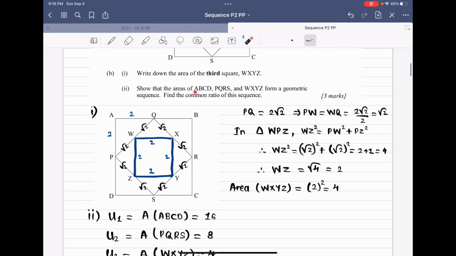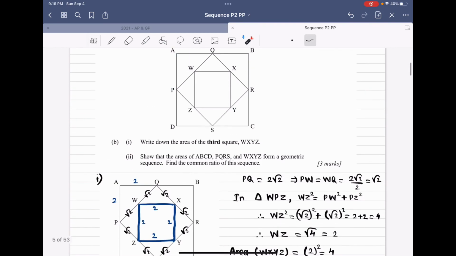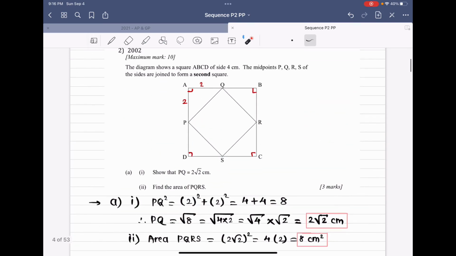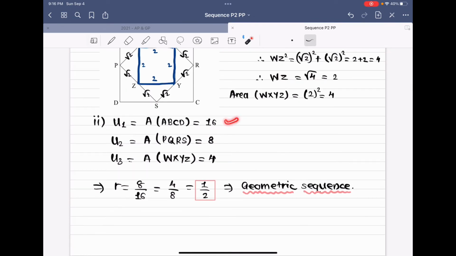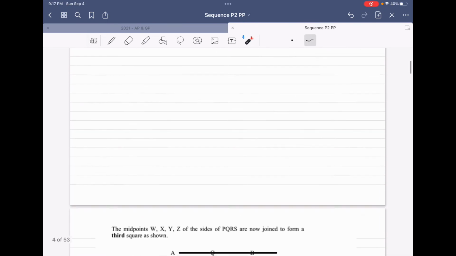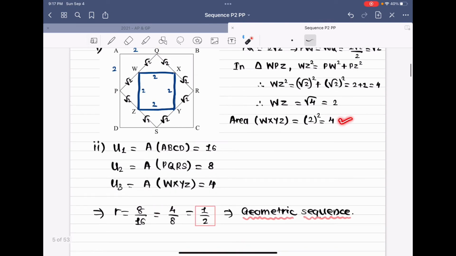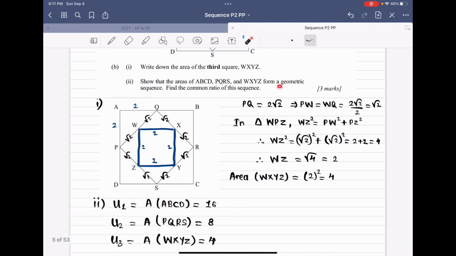Show that the areas of ABCD, PQRS and WXYZ form a geometric sequence. Find the common ratio of this sequence. We know the area of the first square is 16 because the length is 4. Second square area we found out is 8. And the third area we just found out is 4. They are saying show that it's a geometric sequence.